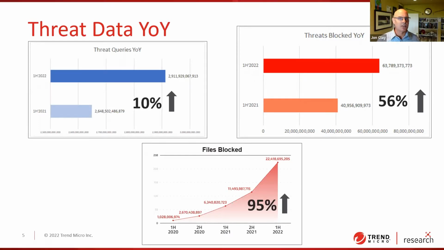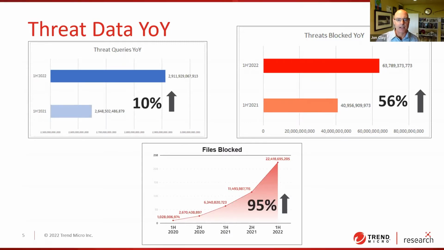So it's not just dropping a piece of malware, and that's the beginning and the ending of the attack. The attack now is going across the network. And so you're seeing a lot more of the malicious files being used in the full campaign across the network. So a lot more files are being introduced in the network that we're able to actually detect and block, which is good news. But certainly the challenge there is that you're seeing more and more malicious files being used in these attacks.